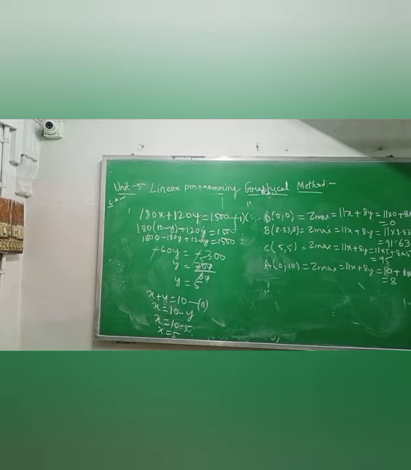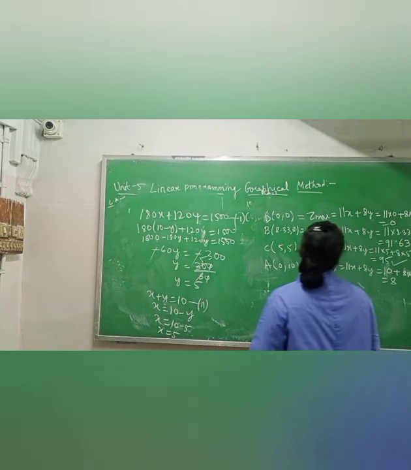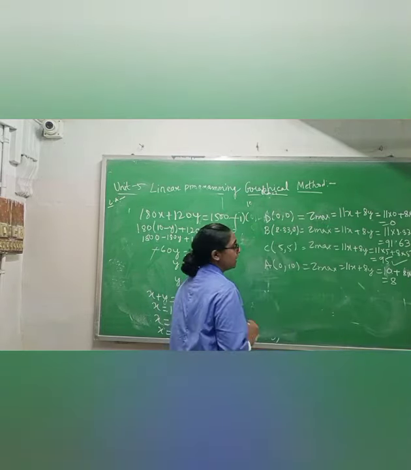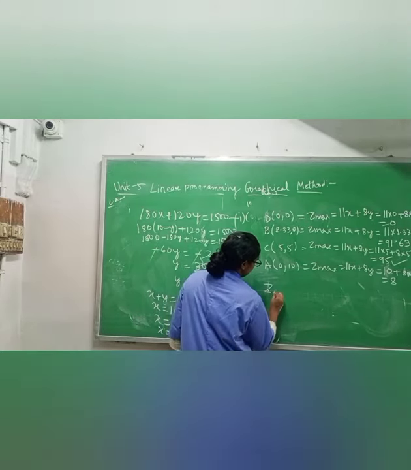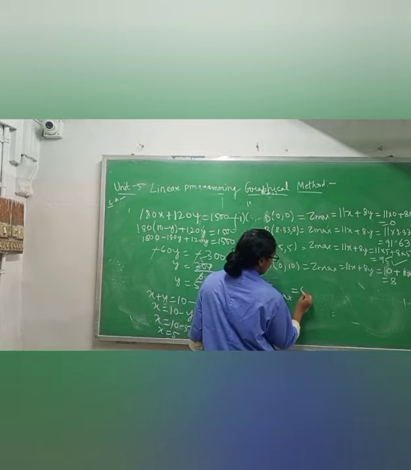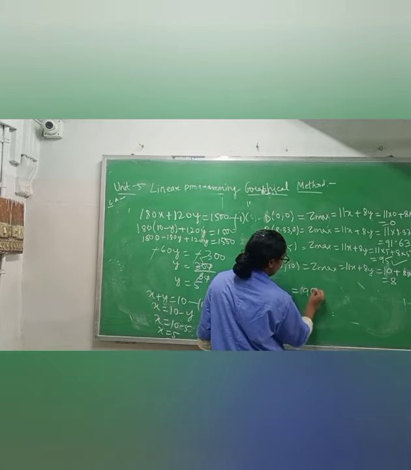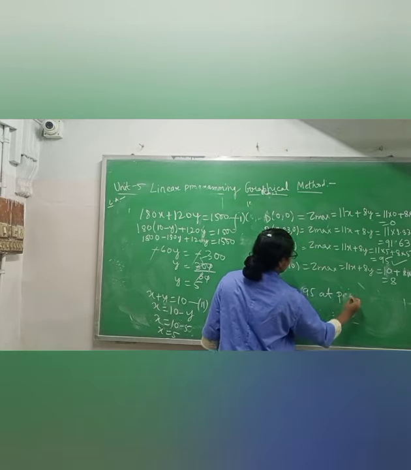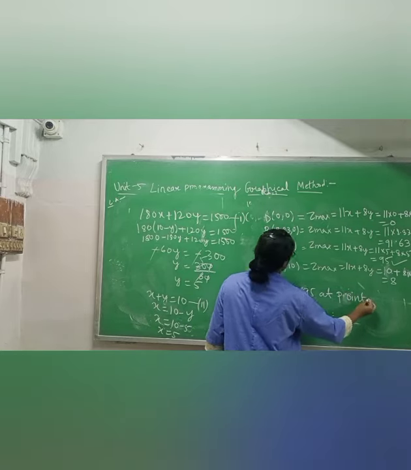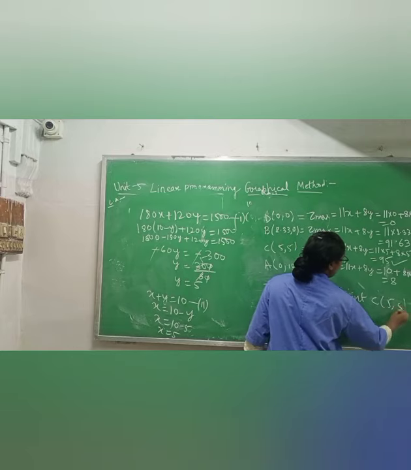So which one is the maximum point? The maximum is 95. So what will we write? Z max equals 95 at point C (5, 5).